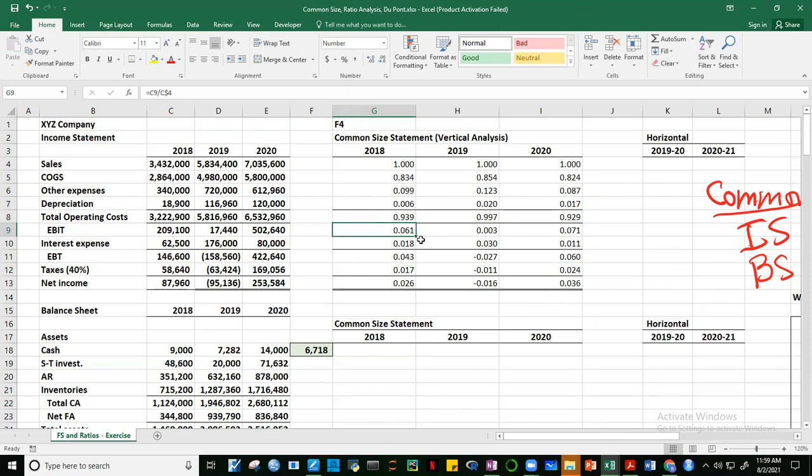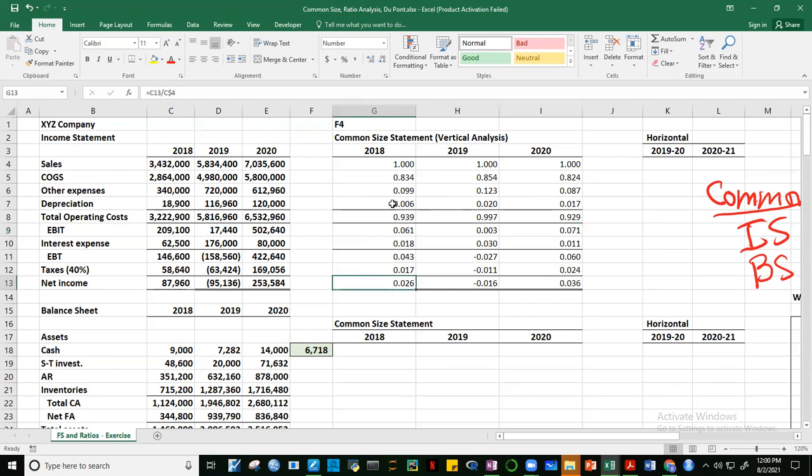Ibig sabihin, sa bawat piso ng sales, kumikita yung company ng 6 centavos. Okay? For every peso of sales. 6 centavos lang yung kinikita nila. And if you're going to compare it in 2019, mas mababa pa sa 2019, no? Mas mababa pa siya. Hindi nga nag-1 centavo dito eh. 3/10 of a centavo lang, no? Tapos medyo nag-increase yung 2020, naging 7 centavos.